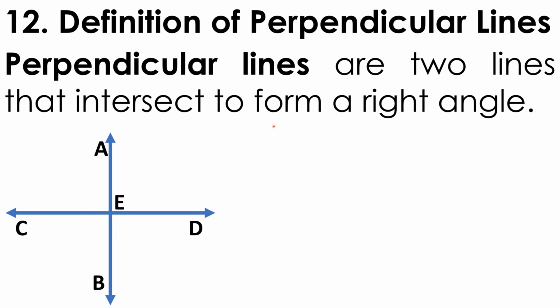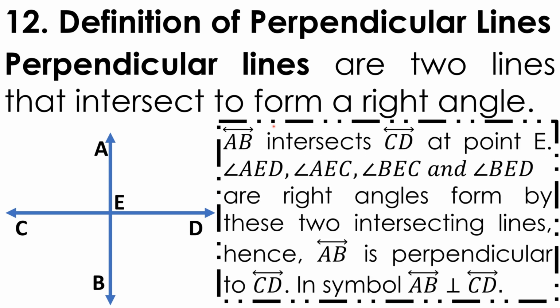The point of intersection is point E. Line AB intersects line CD at point E. Angle AED, angle AEC, angle BEC, and angle BED are right angles formed by these two intersecting lines. Hence, line AB is perpendicular to line CD. In symbols, we have here line AB, this is the symbol for perpendicular to, line CD.